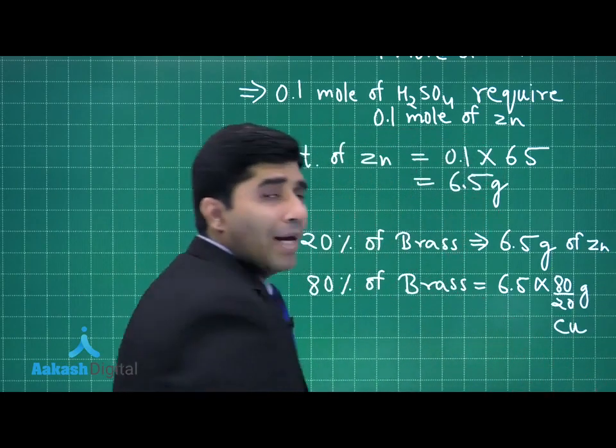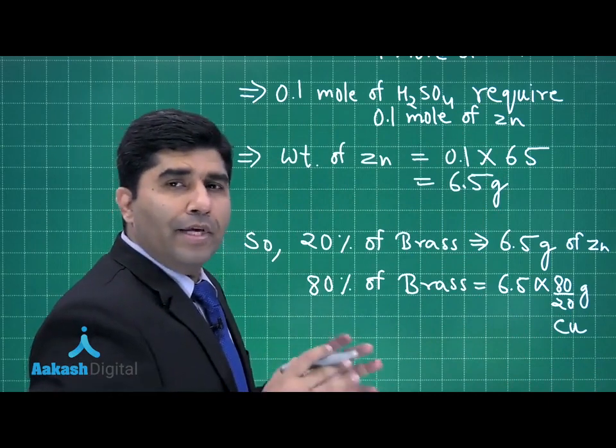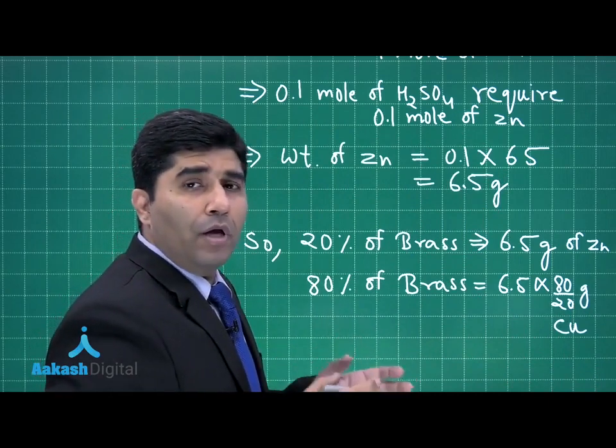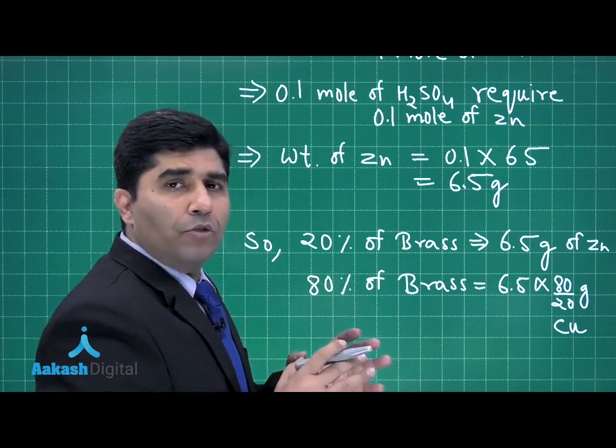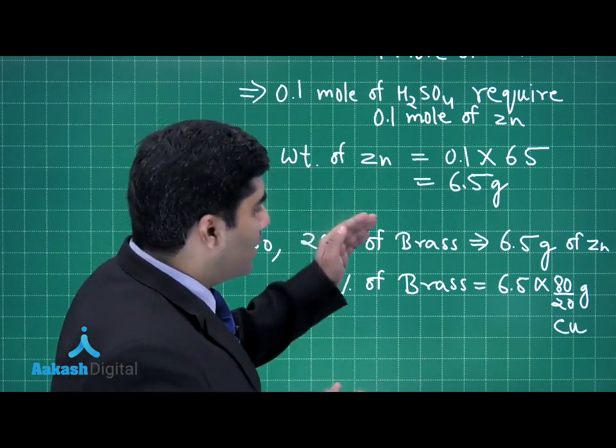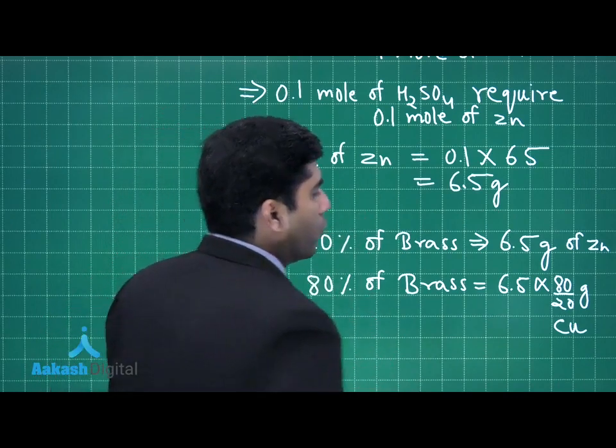Now what is brass? Brass is the alloy of zinc and copper, and if we want to find out the total mass of the brass, we have to add the mass of the zinc and that of copper.